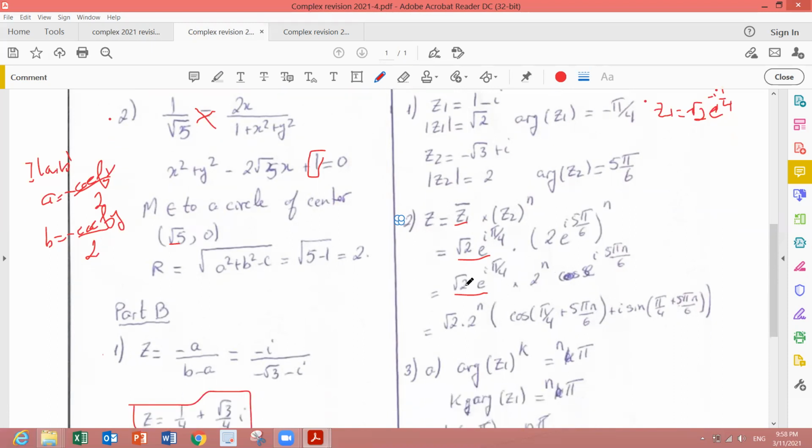This equals radical 2 times 2 to the n, this is the modulus, times cosine of pi over 4 plus 5 pi n over 6, plus i sine of pi over 4 plus 5 pi n over 6.